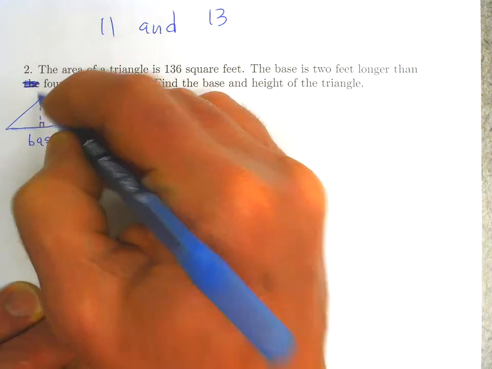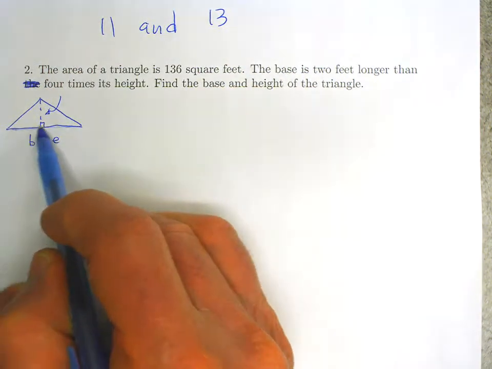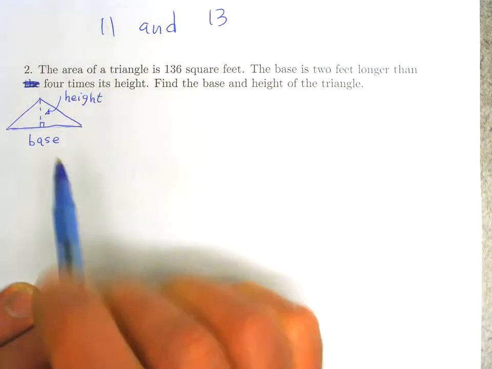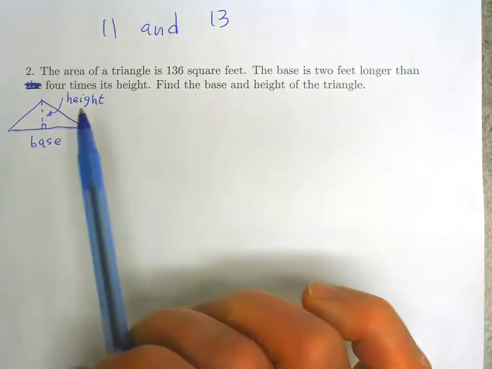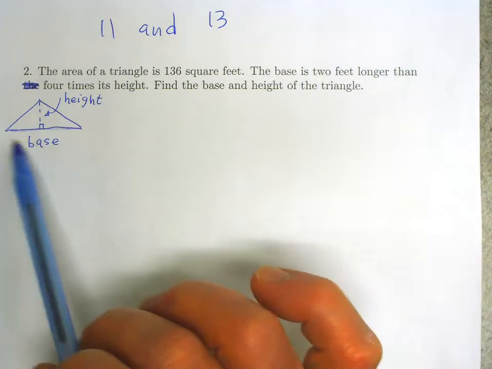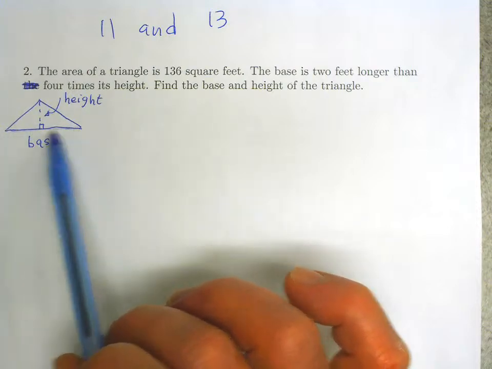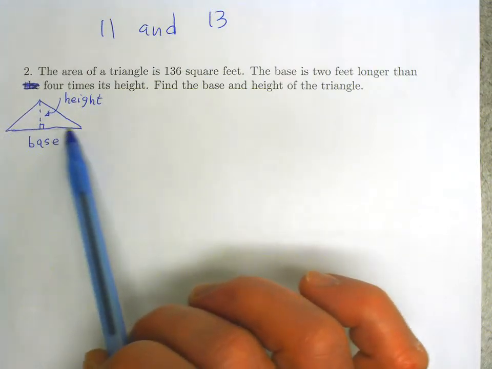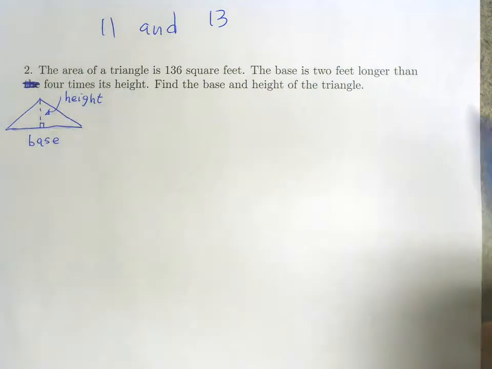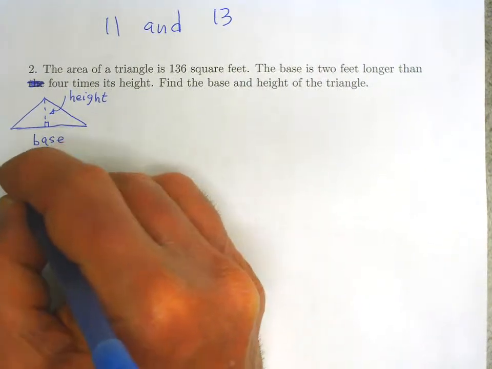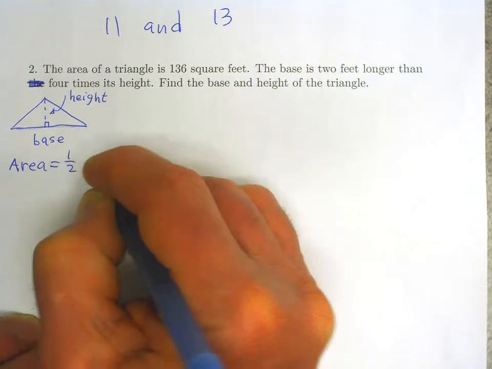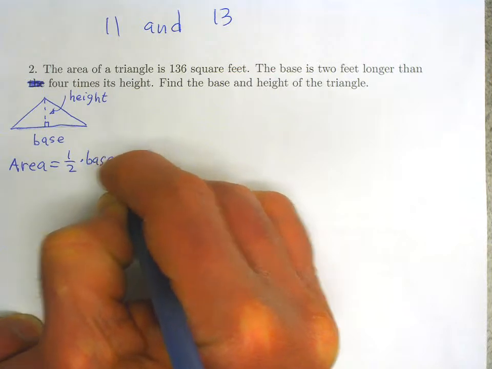So this line segment that's perpendicular to the base is called the height. And there are always 3 options for how to assign a base and a height. But in this picture, it looks more natural to pick the bottom side as the base so that the height is perpendicular to the base. So the area of any triangle is 1/2 times the base times the height.